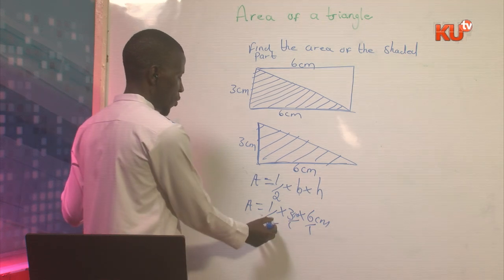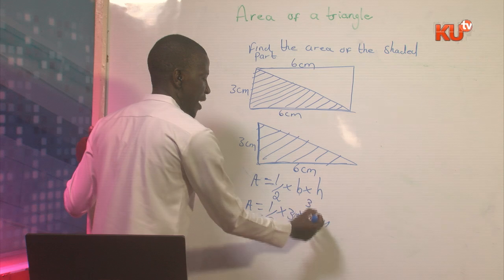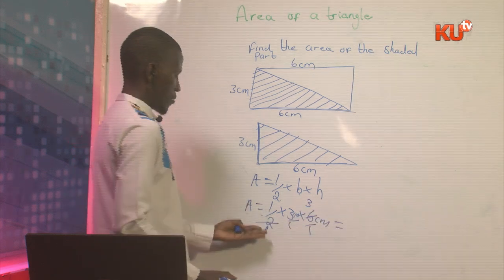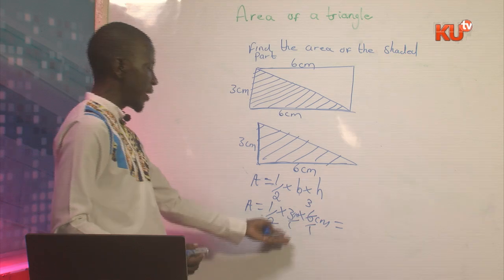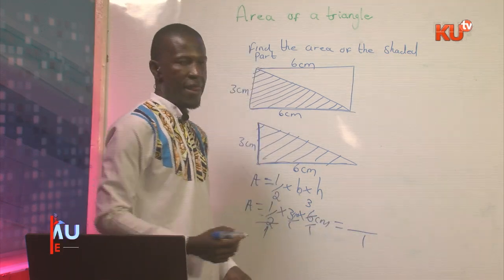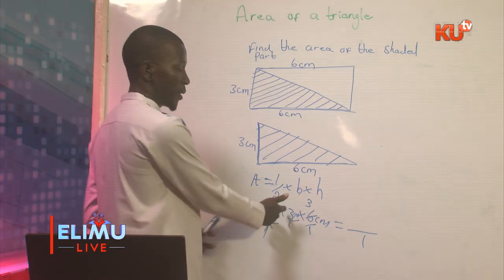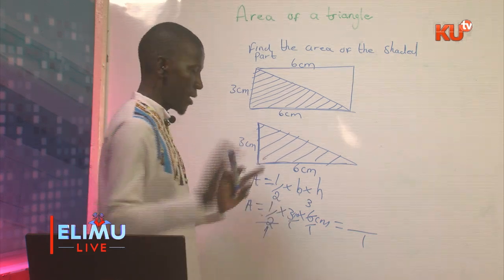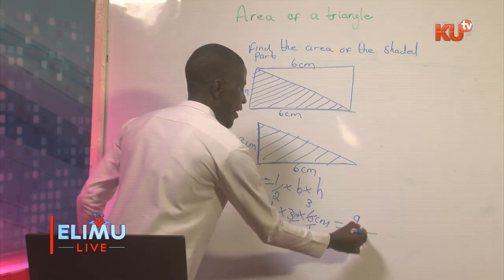So I'll pick 2 goes into 2, 1, 2 goes into 6, 3 times. So in our denominator, we have 1 times 1 times 1, which gives us 1. Then in the numerator, we have now 1 times 3, which is 3. Then 3 times 3, which is 9.